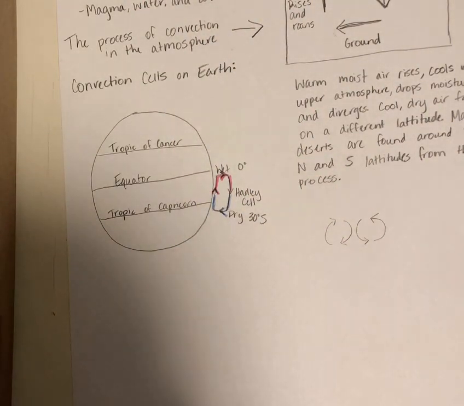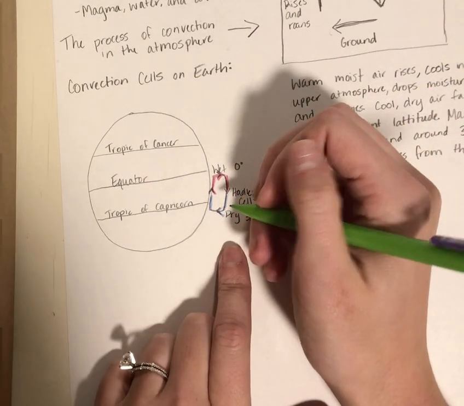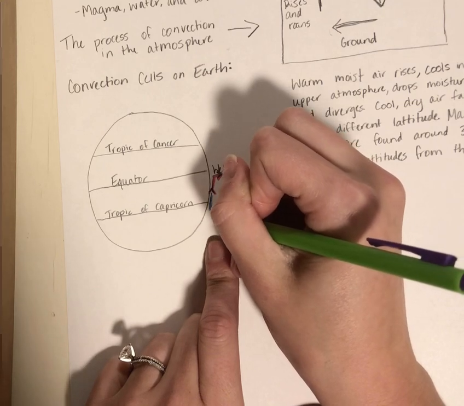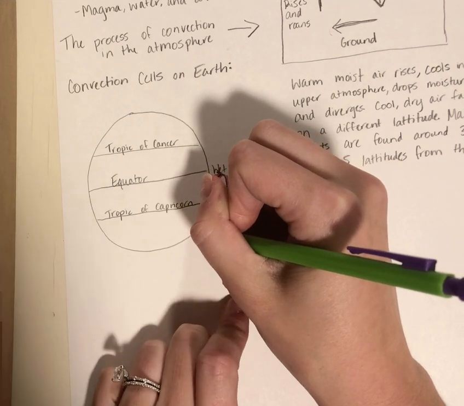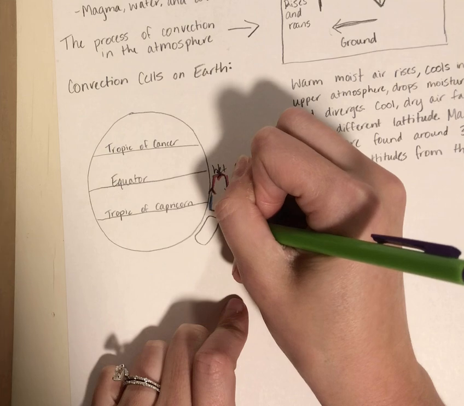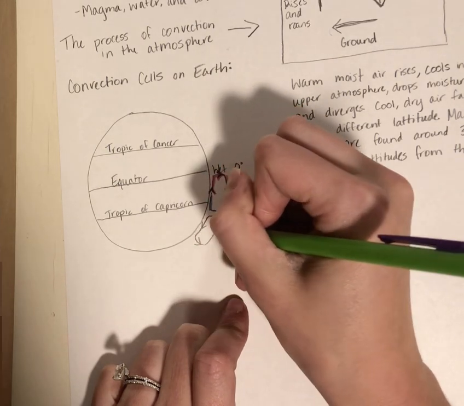So right here, let me get my pencil. In our next cell, same thing is happening, but we're going in the opposite direction. So here is where our cool air is falling, and then it's coming over and getting warmer and rising and moving over. So cool air falling, warm air rising.